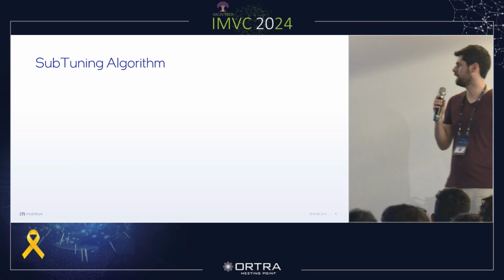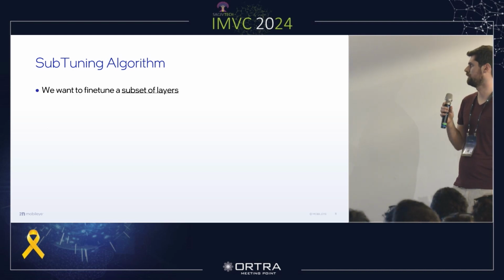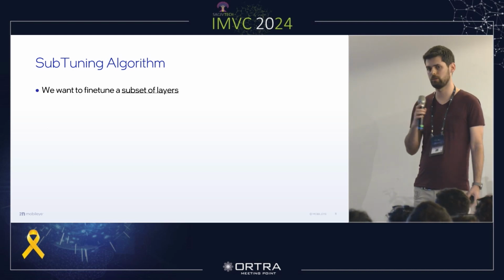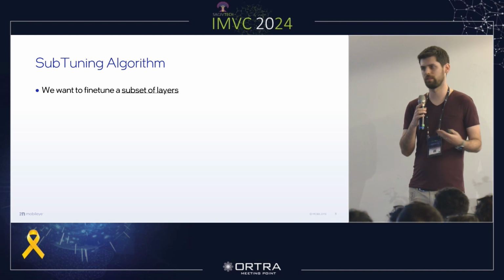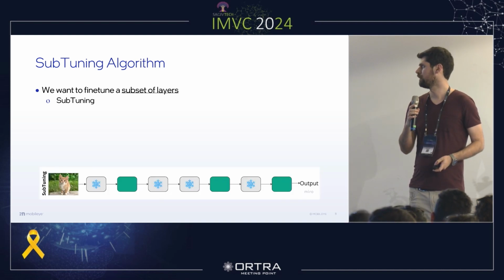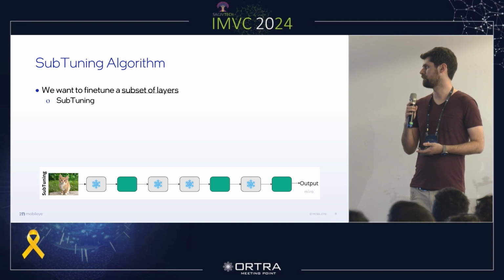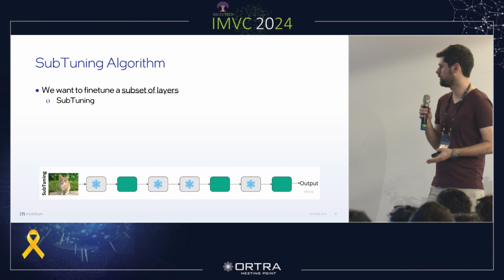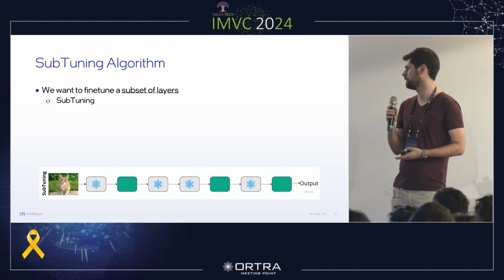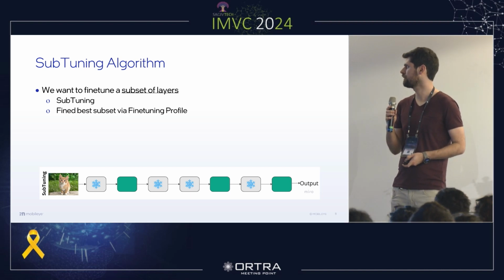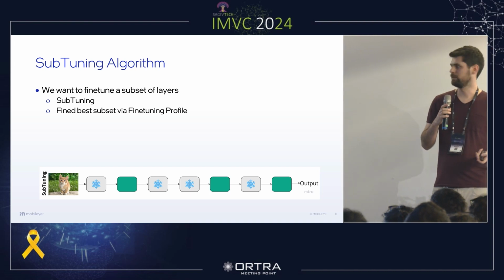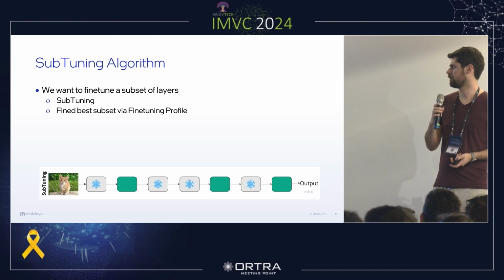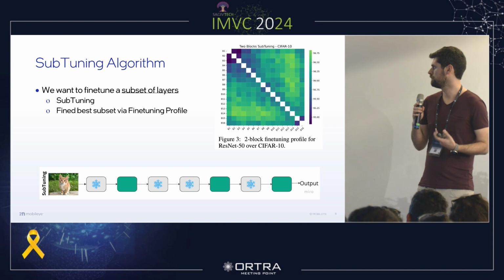Okay, so let's talk about the algorithm. Subtuning: we want to fine-tune only a subset of layers and not the whole network. This is where the name comes from, subset tuning, subtuning. What we're doing is just selecting the best layers to fine-tune. This is done via the fine-tuning profile I talked about earlier, but this can be very costly.